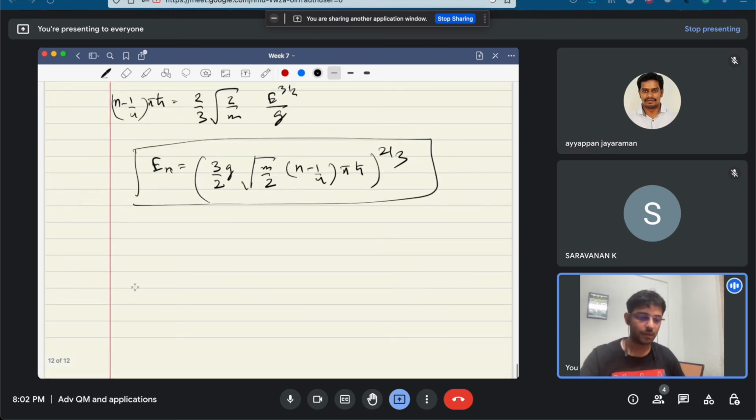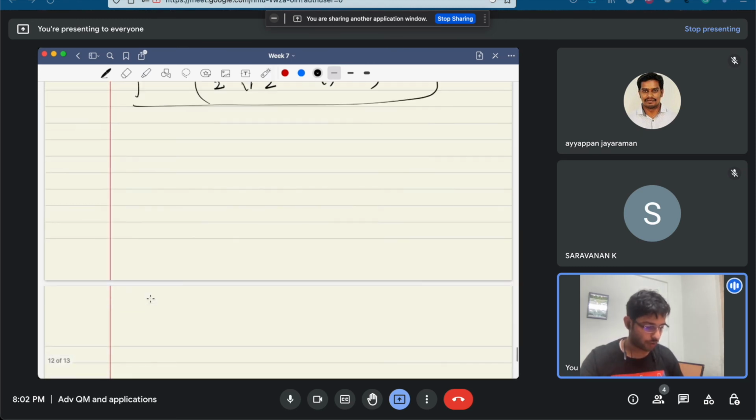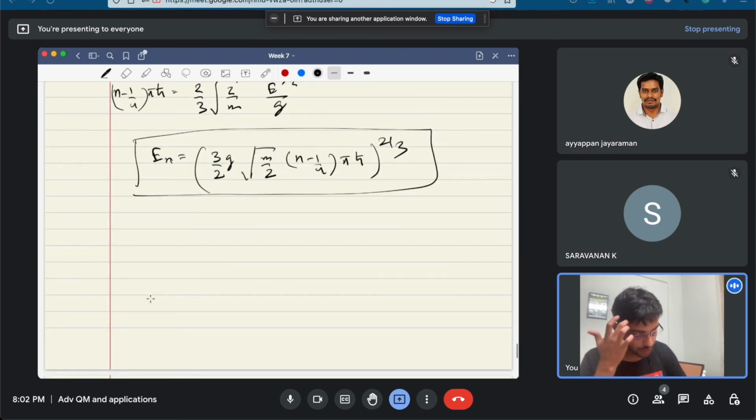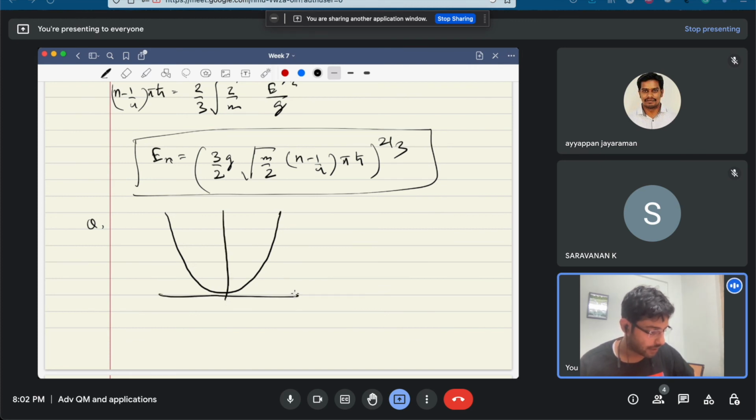Okay, and similarly you can also do this for a harmonic potential. Let's say you have a harmonic potential and you want to find out the energy levels E_n. So you are already aware of the energy levels based on the past calculations that you have done.